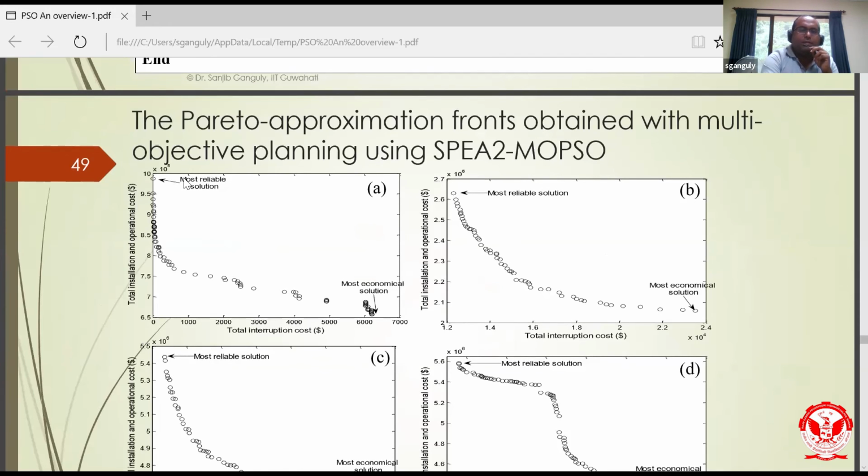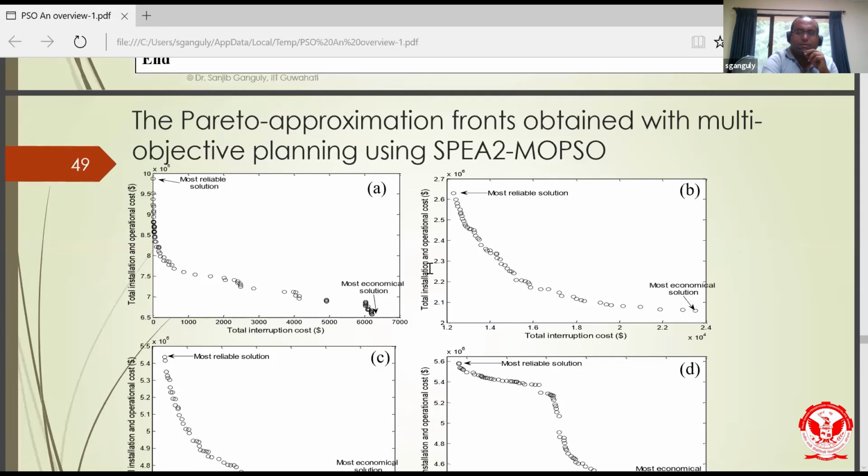For one, the index is not zero but very close to zero, and this is the total interruption index, so it is very small. That is why it is the most reliable solution, whereas this other extreme solution has the least cost, so that is the most economical solution.